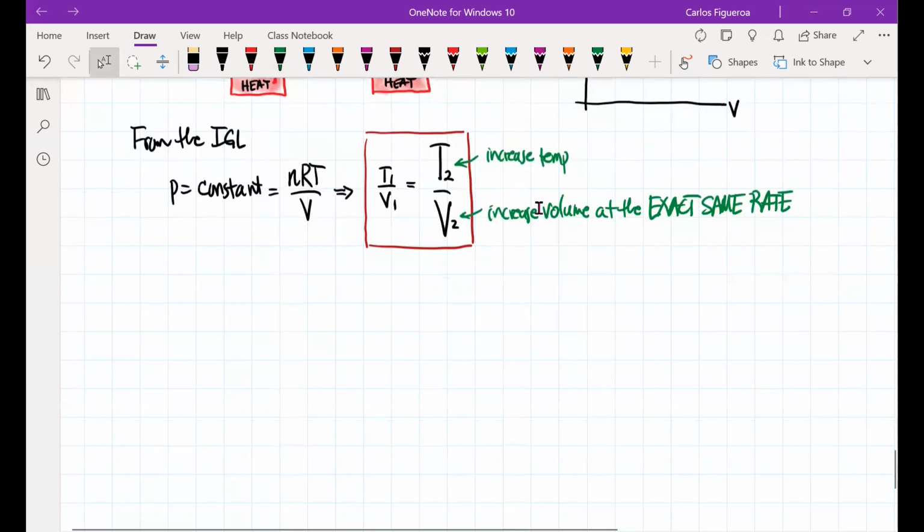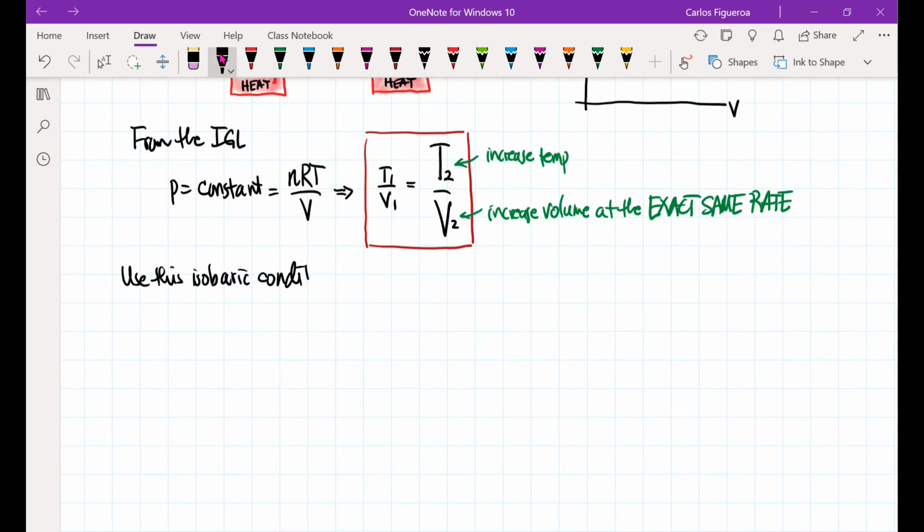So now I'm going to use this isobaric condition to calculate the new height of the piston head.